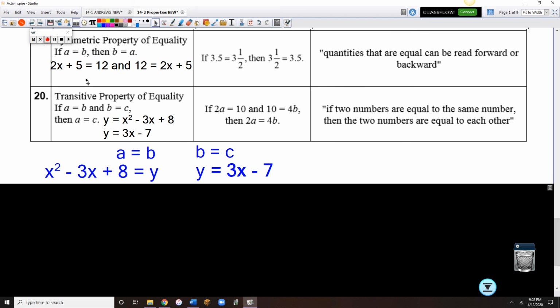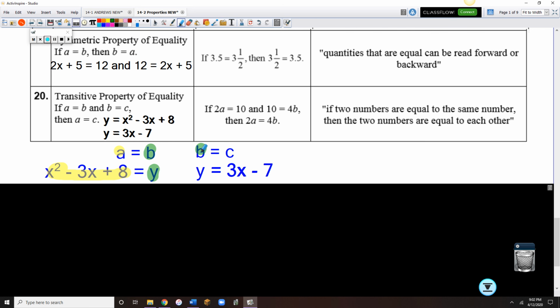I used our symmetric property of equality and I took the quadratic and flipped it around so that x squared minus 3x plus 8 equals y. So A represents all of this stuff, and B represents the y.